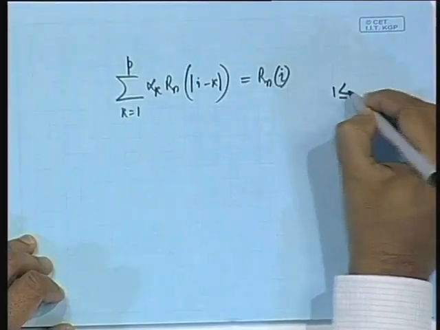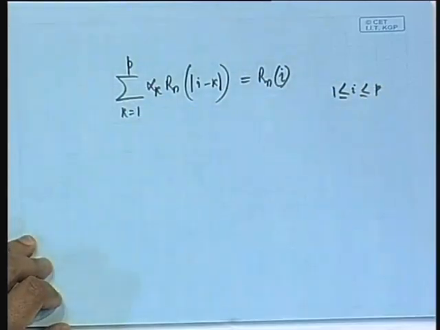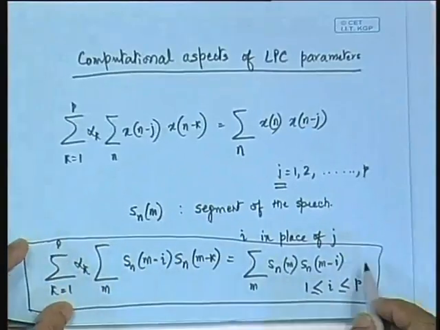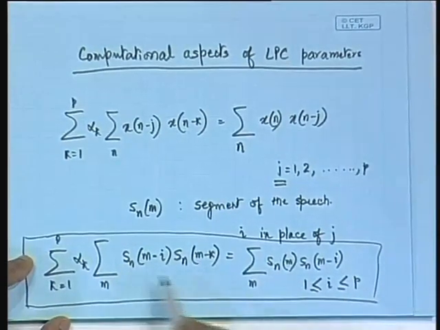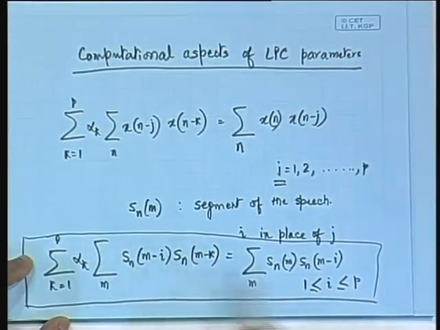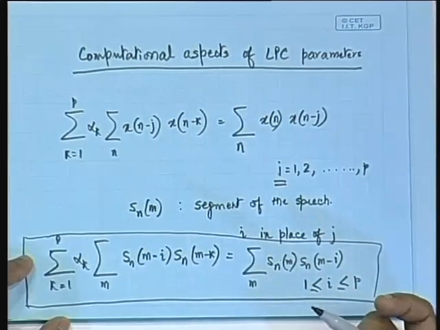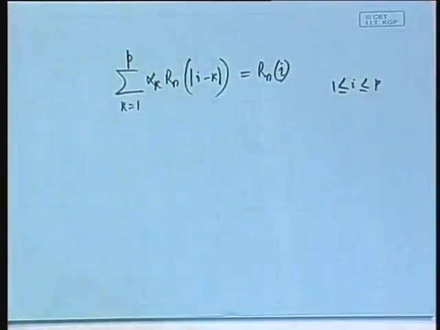So this is for 1 less than or equal to i less than or equal to p, and mind you, this equation is no different from our starting point equation. So we still need to solve for our alpha k's, okay. The only thing is that these summations we have now written in terms of the short time autocorrelation functions.